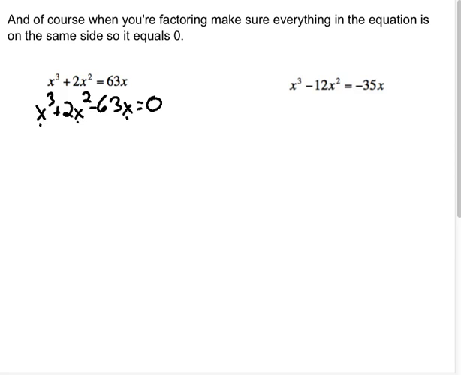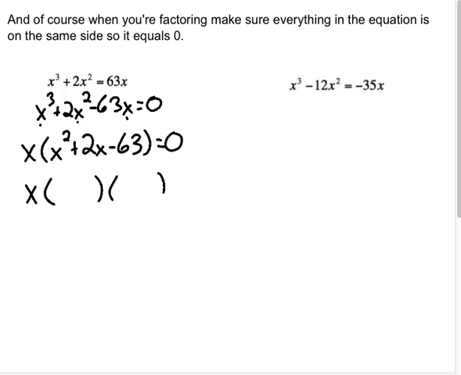Every single term has that x, so I'm going to take out the x, the root of the degree of every monomial piece. And now I can factor as normal. So this is our nice case. So negative 63. All right, well, negative 63, I'm going to break that up into 7 and 9.